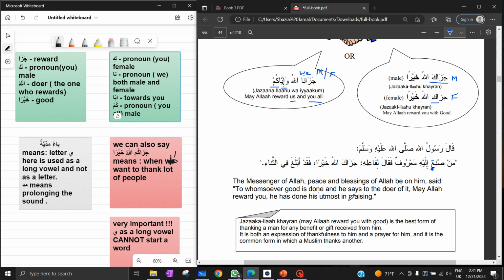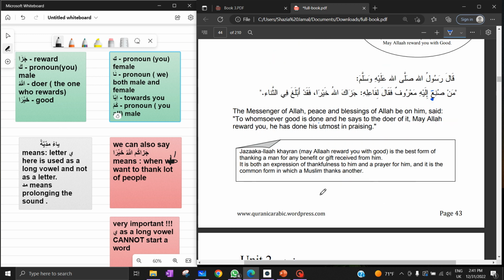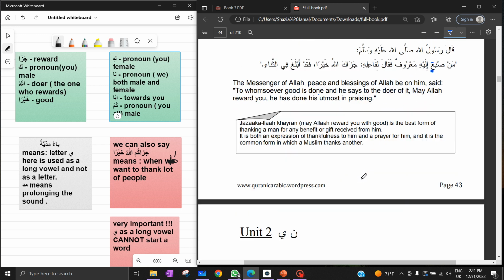He has done his utmost in praising. It is the best way to praise. Jazakallah khairan is the best form of thanking a man for any benefit or gift received from him. It is both an expression of thankfulness to him and a prayer for him, as I've explained before, and it is common in which a Muslim thanks another.